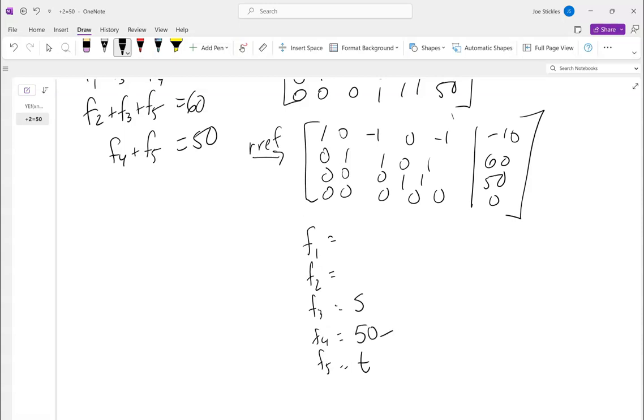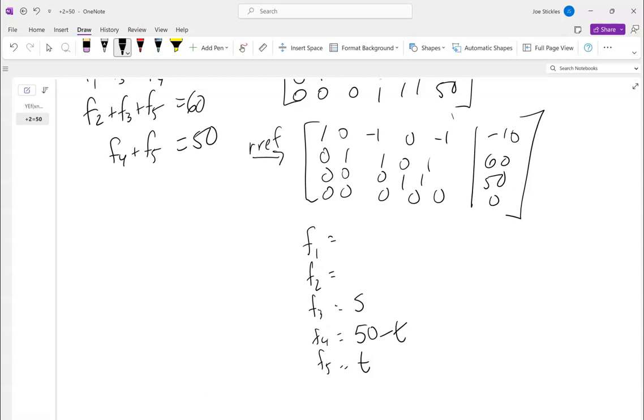Yeah, 50 minus t. Because we're going to subtract, we would put the t in for the F5, right? And subtract it over to the other side to solve for the F4. So we get 50 minus t there. What about the F2? Good.